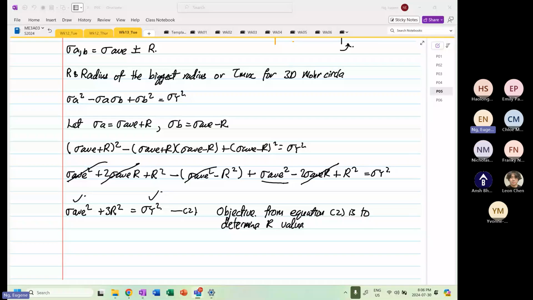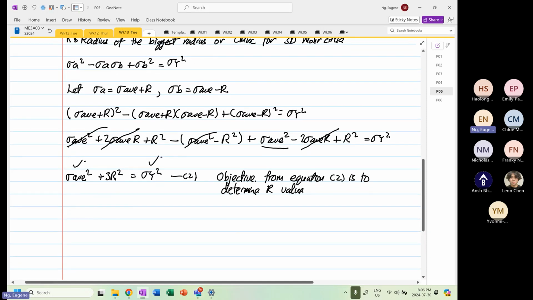From your break. So if we now look into equation number 2, our objective is to determine R. We know that 3R squared is equal to stress U squared minus stress average squared.